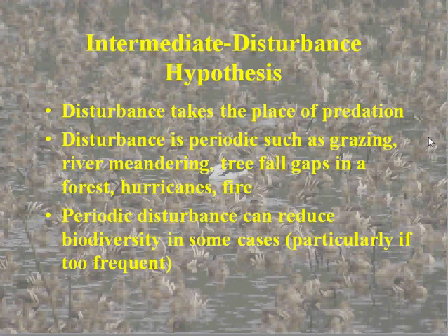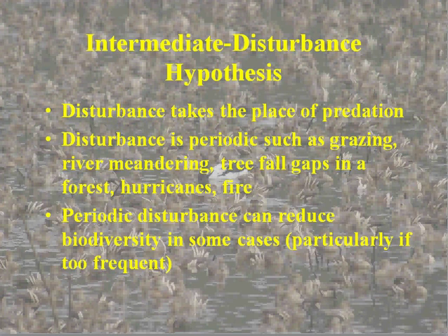So periodic disturbance can reduce the diversity in some cases, however, if it is too frequent. Okay, if periodic disturbance like fire or hurricanes is too frequent, it may not allow some species to grow up to a large enough size to reproduce. So if periodic disturbance is too frequent, then species which are more K-selected, take a long time to reproduce, may be excluded from the ecosystem.